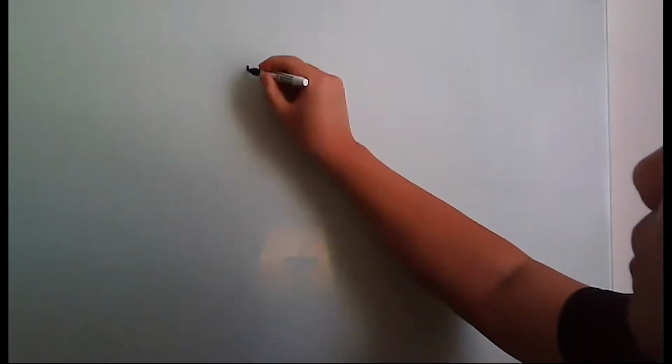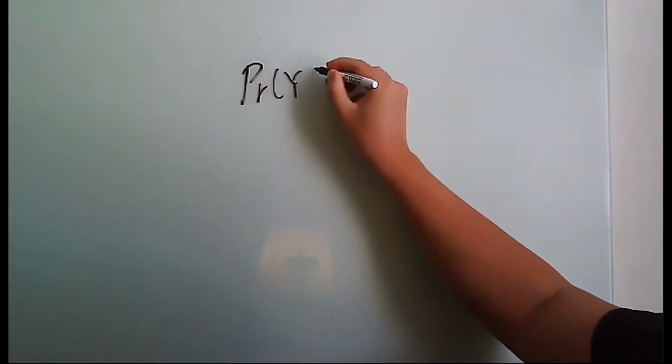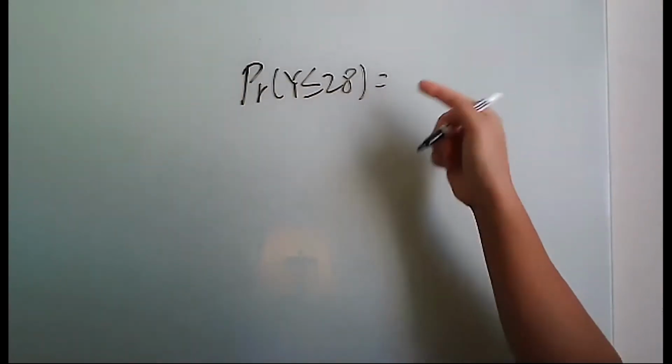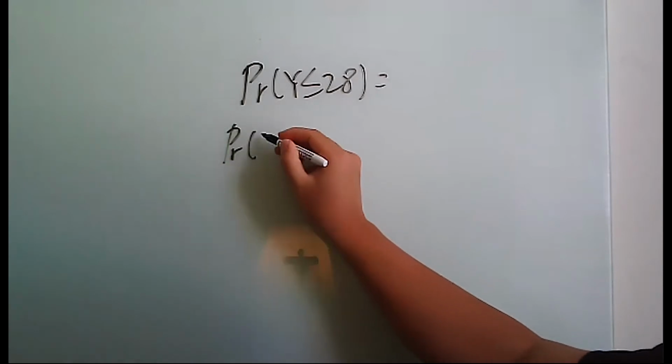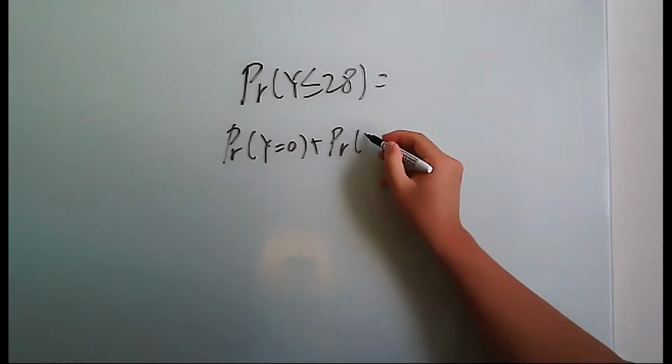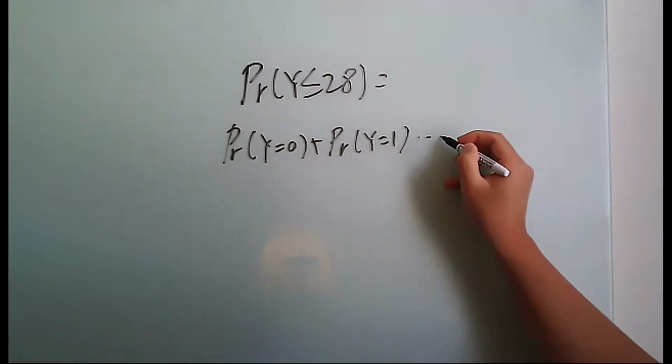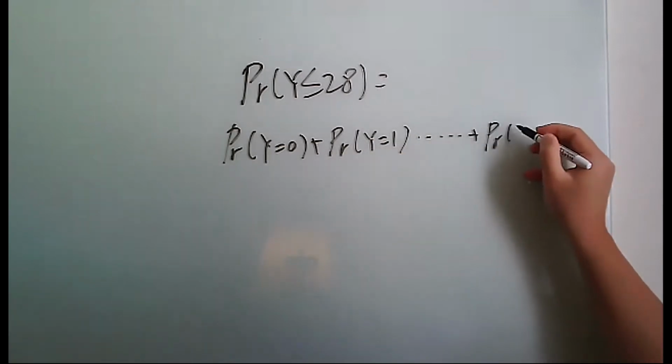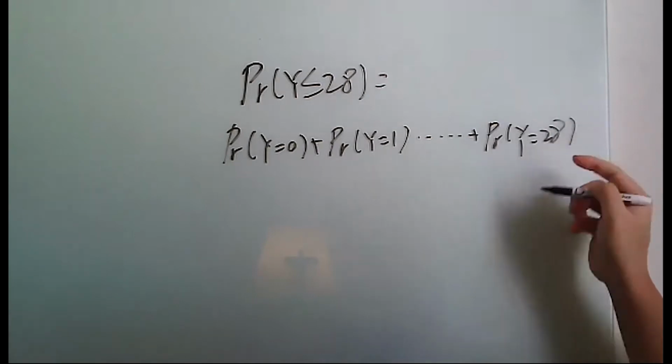What we want is the probability that Y is less than or equal to 28. Technically, this is the probability of Y equals 0 plus the probability of Y equals 1 and so on up to the probability of Y equals 28, right?